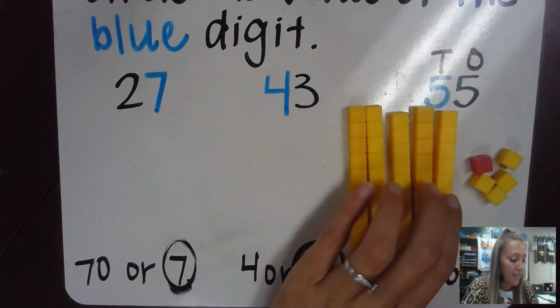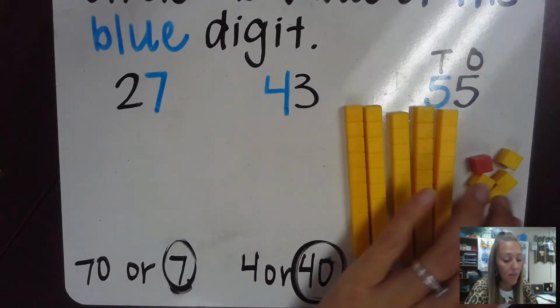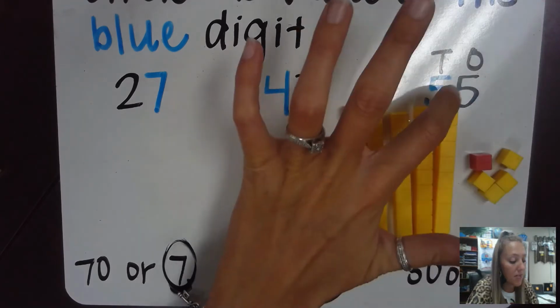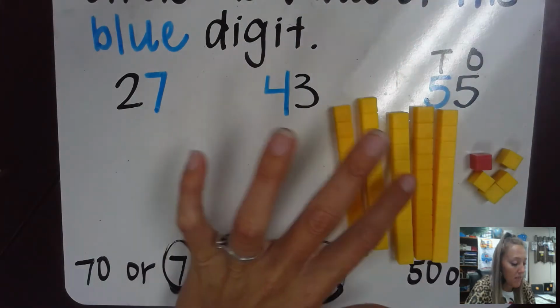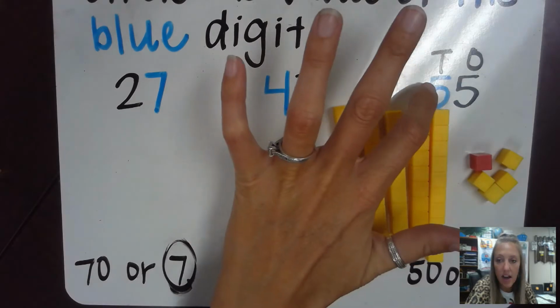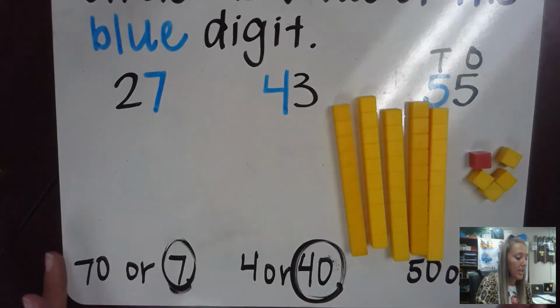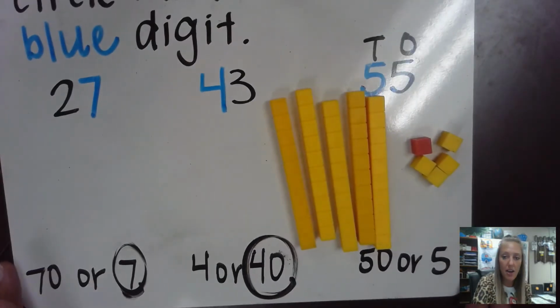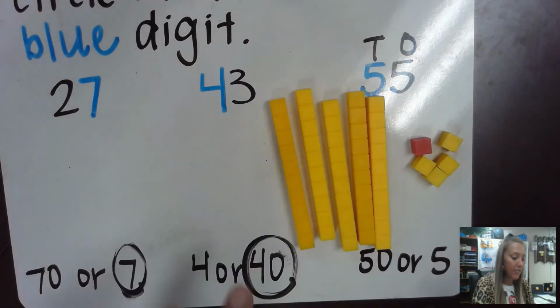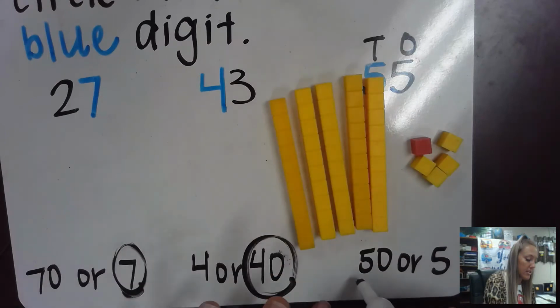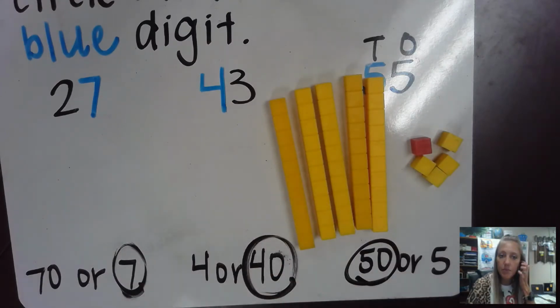We've got 5 tens here, and we've got 5 ones also, but we're looking for the value of this one right here. So the value of this 5 is either going to be 50 or it's going to be 5. And because it's in the tens place, the value of this 5 is 50.